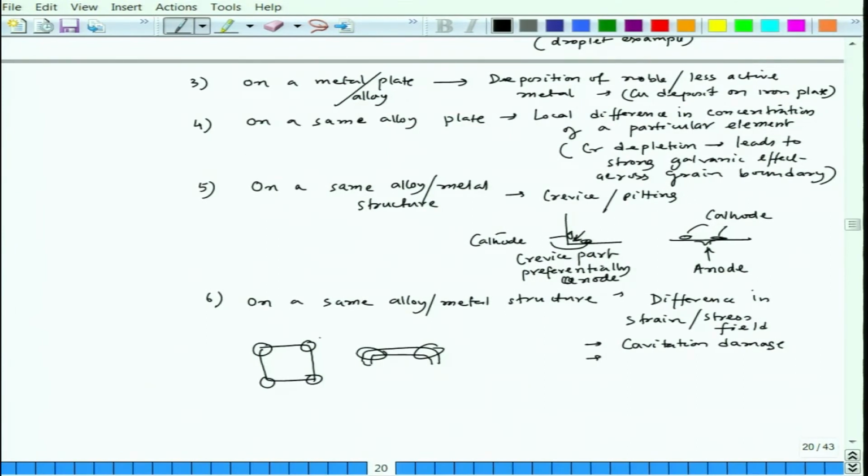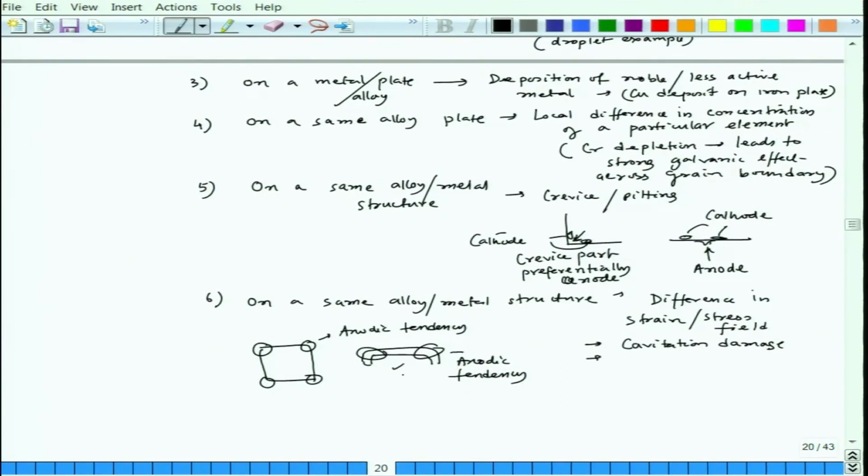So, that location has the preferential anodic tendency, fine. So, then you can get galvanic effect on those corner parts.